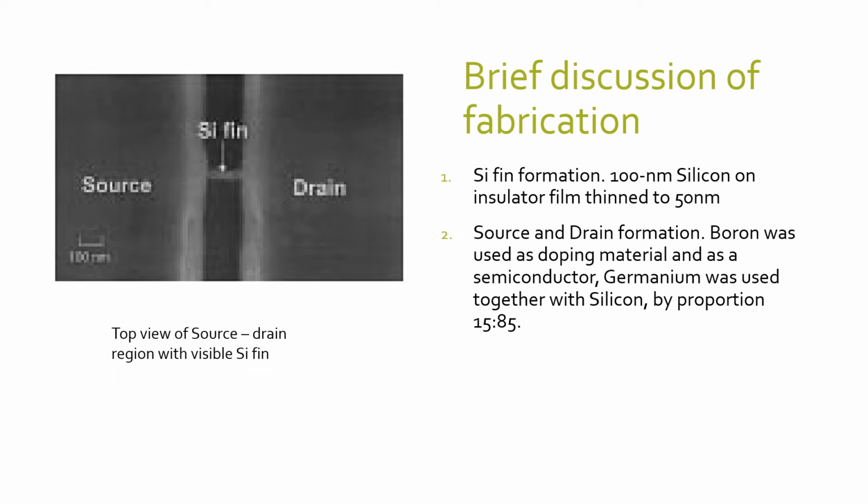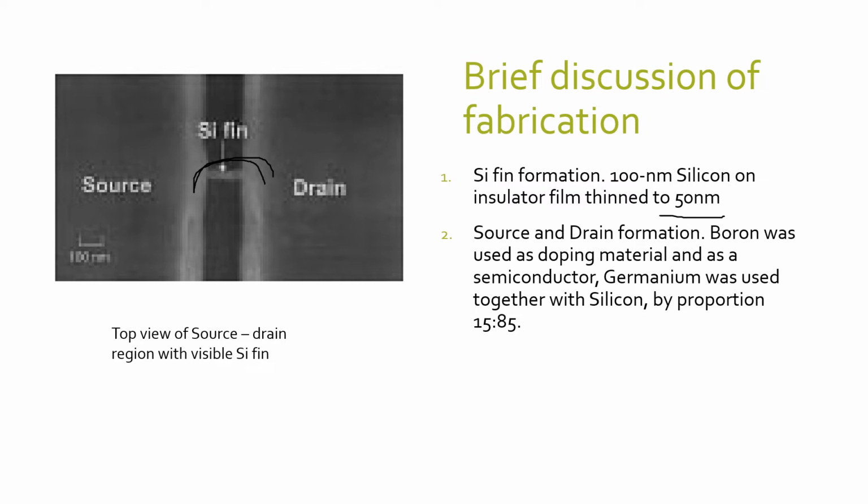So let's briefly discuss fabrication of this transistor. The first step is Si fin formation, which is silicon fin. As you can see, it's here. 100 nanometer silicon was thinned to 50 nanometers. The second step is source and drain formation.